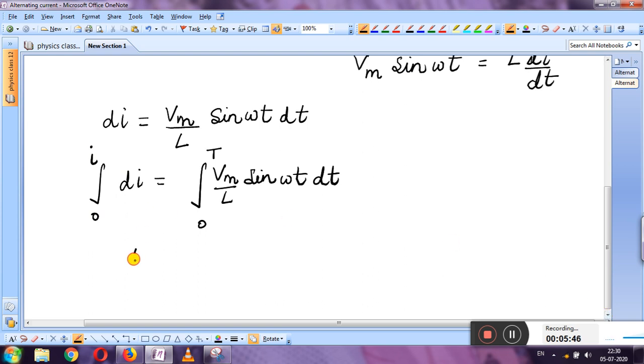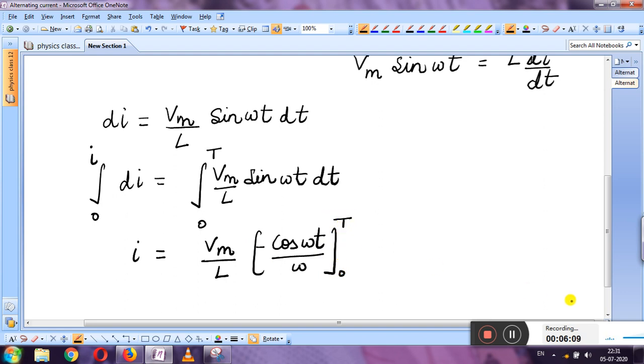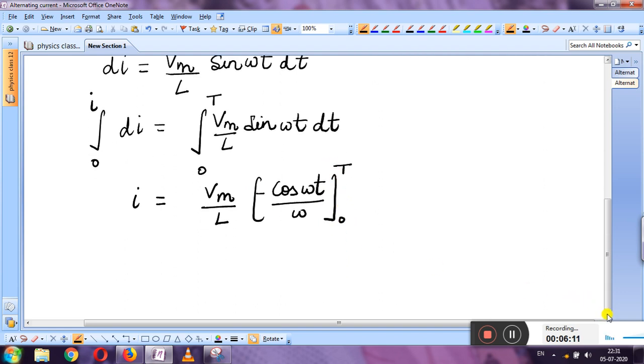Then on this side I will have I, which will be equal to Vm upon L integration of sine omega t, as we did in the previous case, which will be equal to minus cos omega t upon omega, and then the limit will come here. Omega can be written outside.